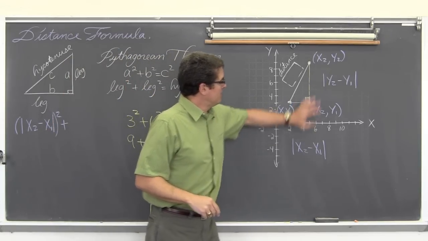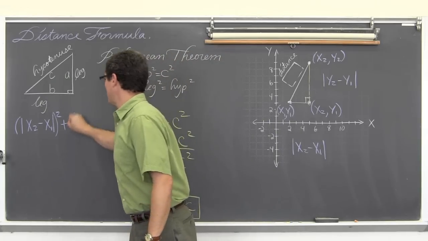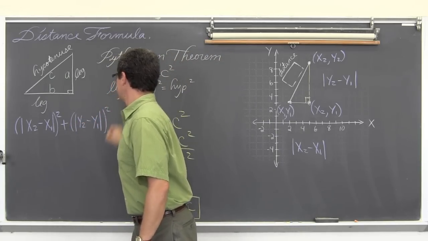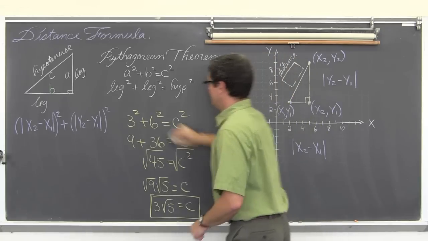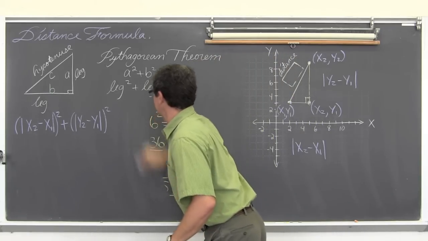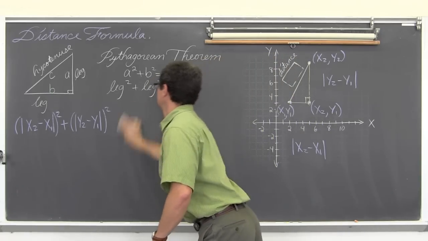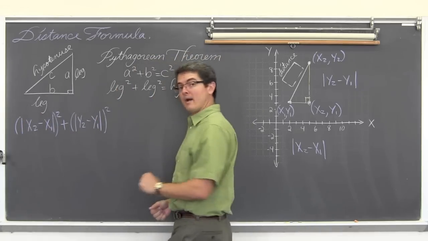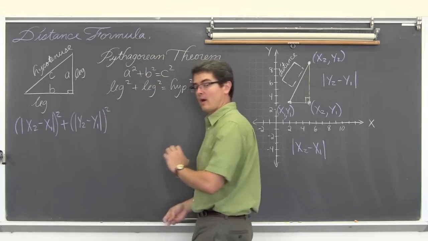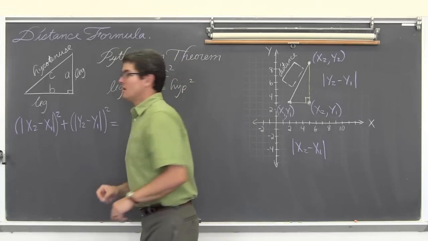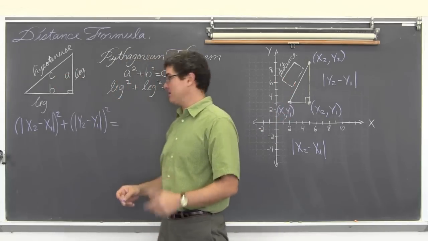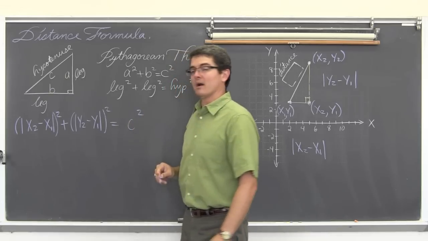So that's one leg plus y sub 2 minus y sub 1 squared. Oh, I'm going to run out of room. So I do need to get rid of this. So that's one leg squared plus another leg squared equals the hypotenuse squared, or in terms of a, b, and c like Pythagorean Theorem, c squared.